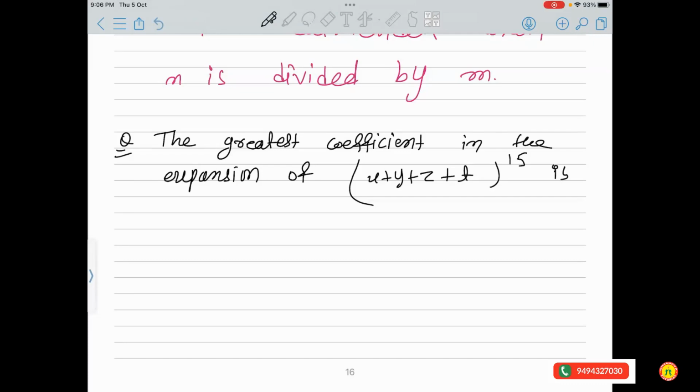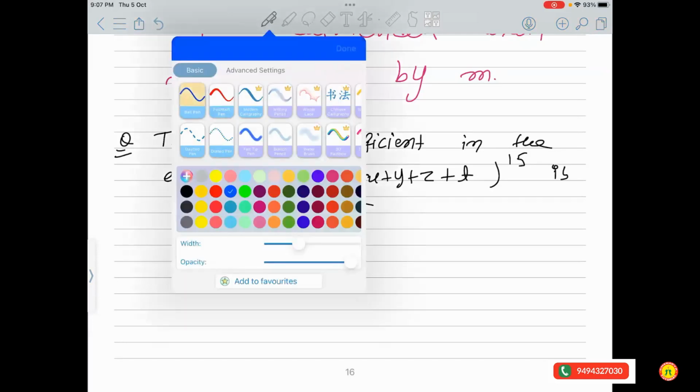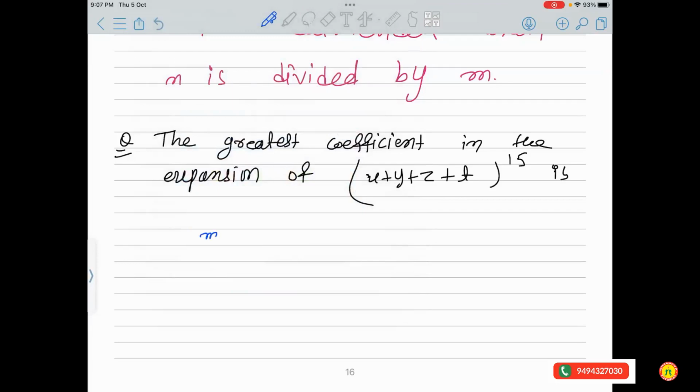So I am asking the greatest coefficient in the expansion of x plus y plus z plus t. Can you answer? The m value is here 4, the number of different terms in the expansion: x, y, z, t. And n equals 15. So we need to find the quotient and remainder.